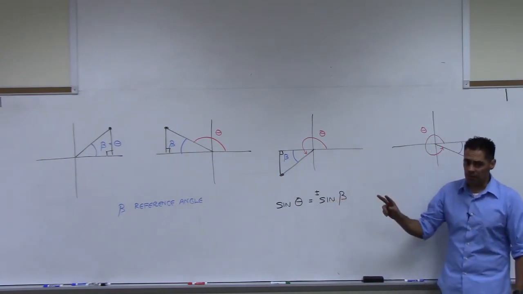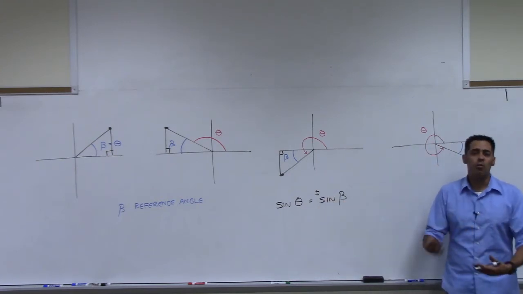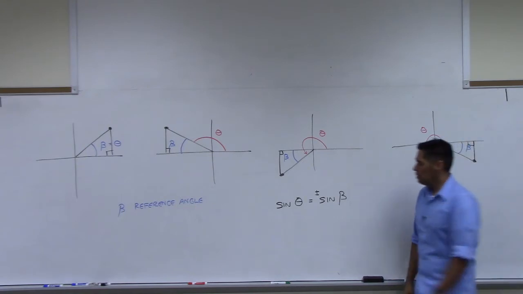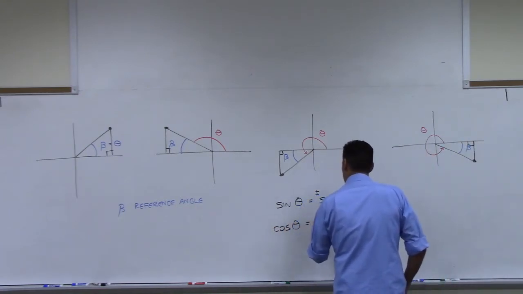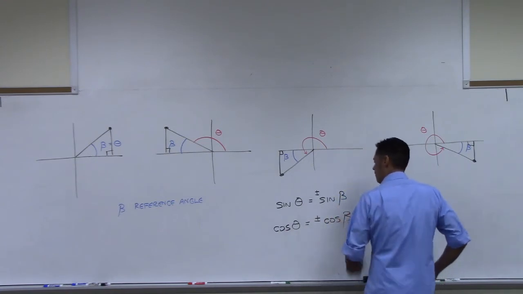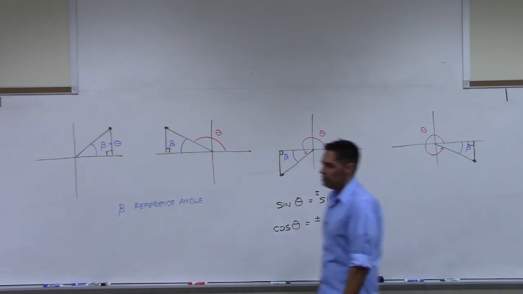That's the result here. How you determine the plus or minus is simply by figuring out what quadrant you're in. So cosine of theta will be plus or minus cosine of beta, and so on and so forth. Kind of make sense? Okay.